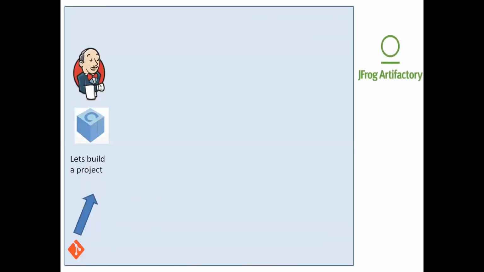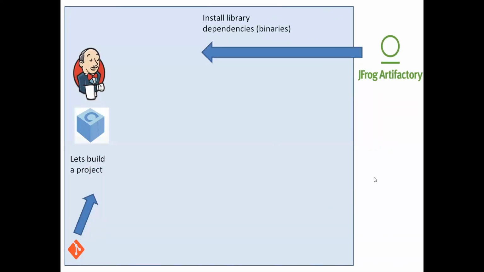But in the general case, it could be a bit more complex, because what happens if your package has dependencies? If the package that you're building has dependencies, those dependencies will be hosted in Artifactory too. Artifactory will be used as the ground truth for your binaries.